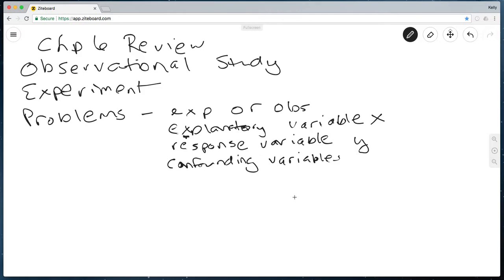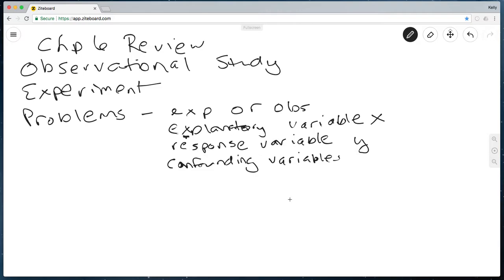Maybe your parents have to work 2 jobs and so they're never home, so they don't tell you to stop watching TV. If your parents are never home, then they can't help you with your homework, and maybe that's why your grades are low. So a confounding variable, remember, is just another variable that might possibly be going on that is not specifically stated.